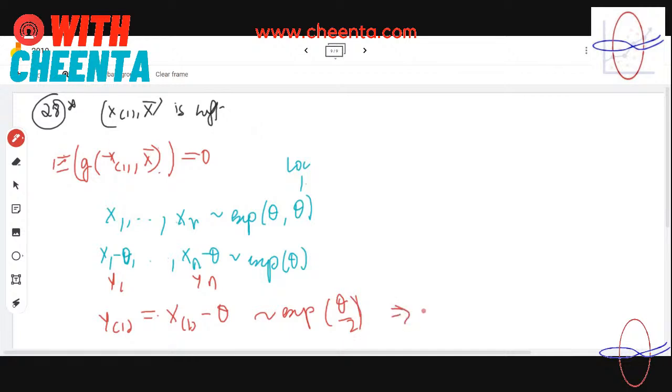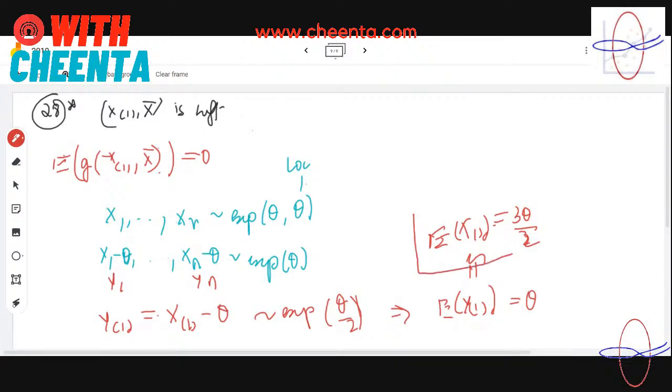Therefore you get that the expectation of y1 is theta by 2, which will imply that the expectation of x1 is 3 theta by 2. Looks perfect.